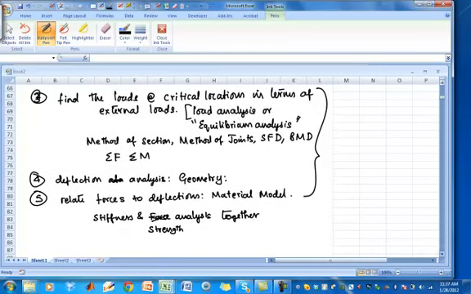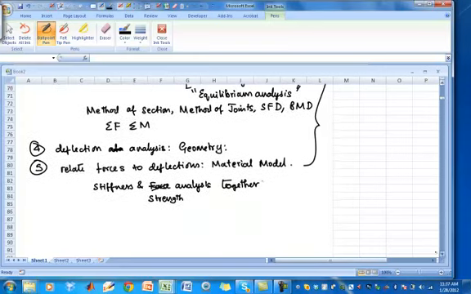Then the last step, this is all math. So relating forces to deflections, and final 6, do this. This is all mathematics. Actually, mostly linear algebra. That's what this is.